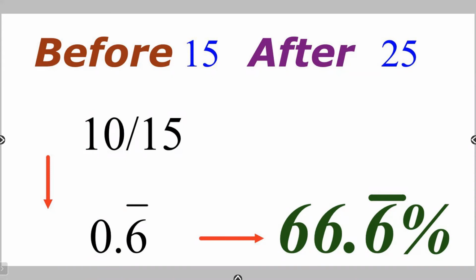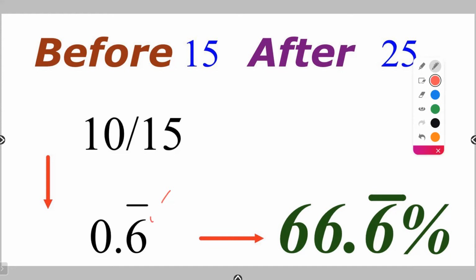In the example that's up here on the board, it obviously repeated with the 6s. So now, once I get the decimal, notice the decimal value, 0.6 down here. Notice my decimal value only had 1 number in a bar, because that's where it started to repeat.